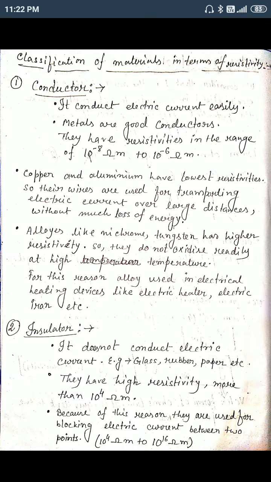But copper and aluminium have the lowest resistivity. Lowest resistivity means resistance is also low, that's why current easily flows through the conductor. Because of this property, in power stations copper and aluminium wires are used for transporting electric current over a large distance without much loss of energy, because they have less resistivity, that means less resistance.